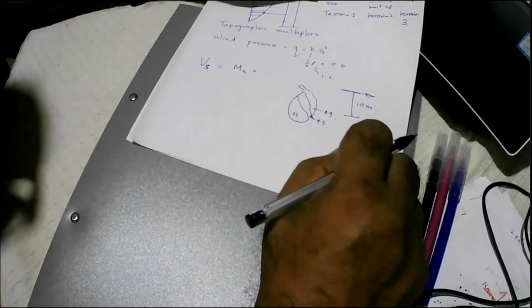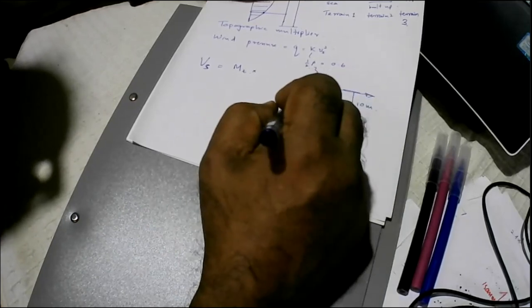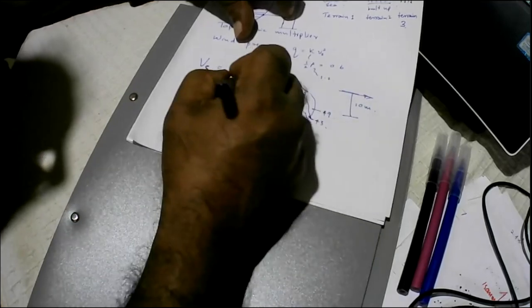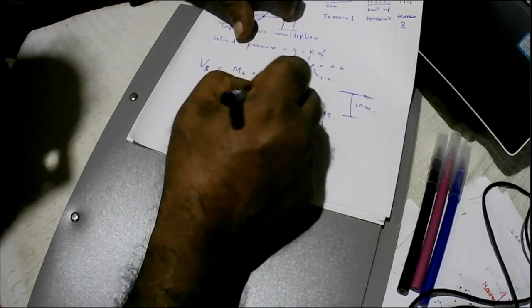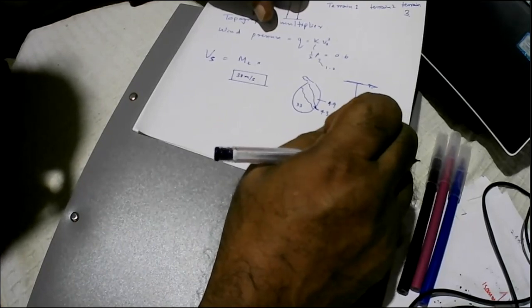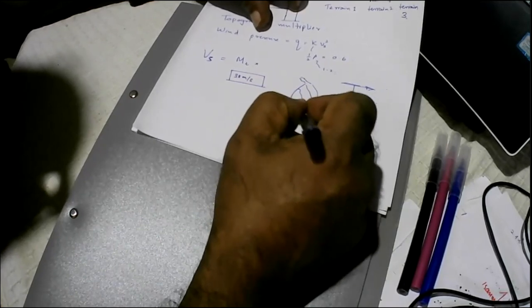But sometimes, when you are dealing with tall buildings, there's a tendency to use a value like 38 meters per second in zone 3 as well.